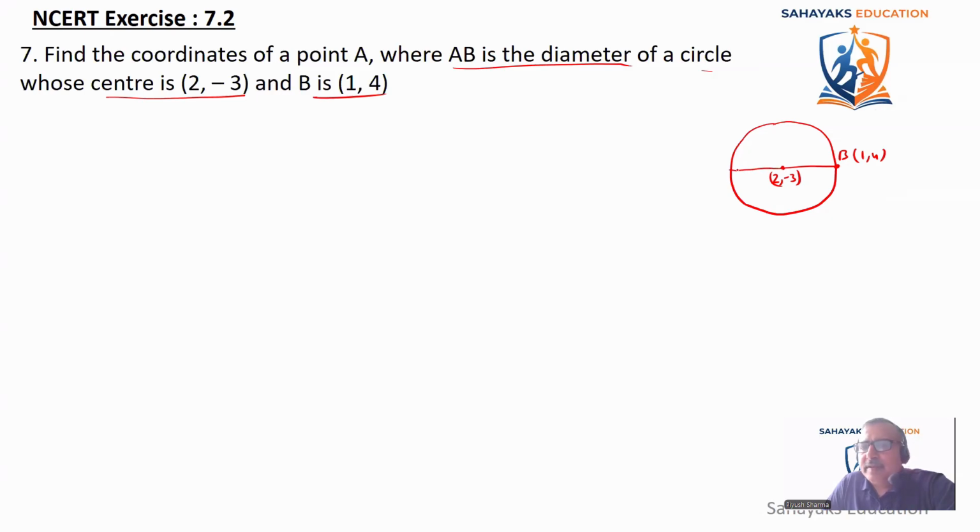Now, if I have to make a diameter, the center divides it in the ratio 1:1. So the center point is O, this point is B, and this point is A. Let the coordinates of A be X and Y. I know that O is the center, so using the midpoint rule, X plus 1 divided by 2 should be equal to 2.